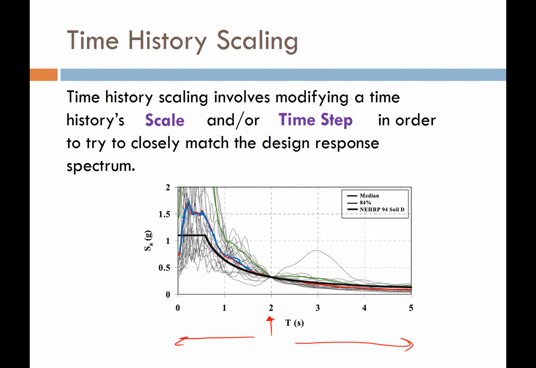And the goal is that that average response spectrum should be pretty close to our target response spectrum in the first place. So we're not so worried about individual response spectra, but more the average of all of the series that we're looking at should be close to our target.